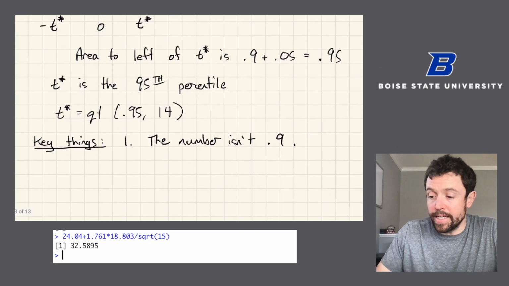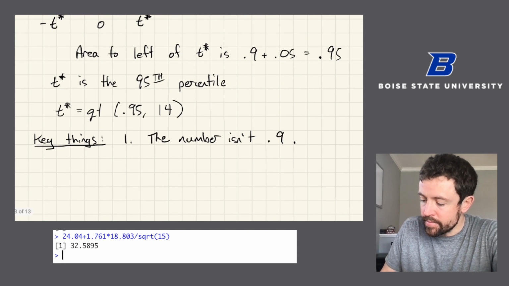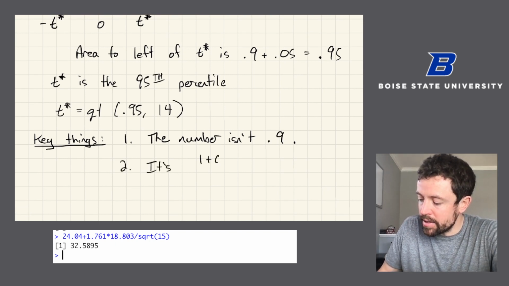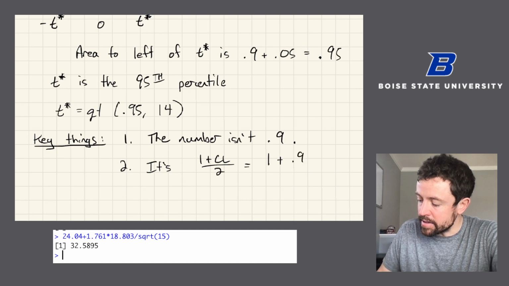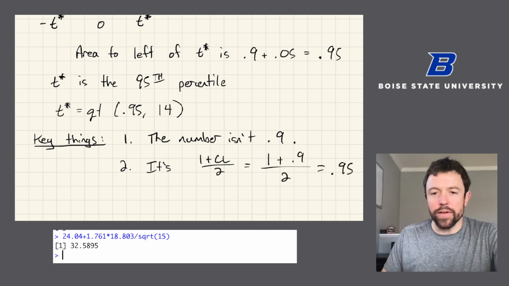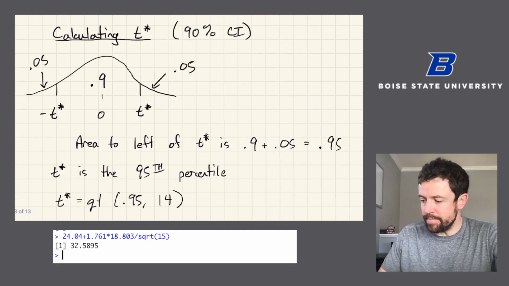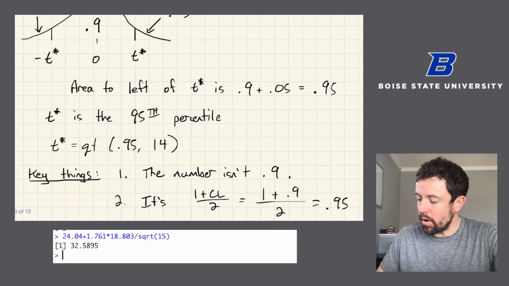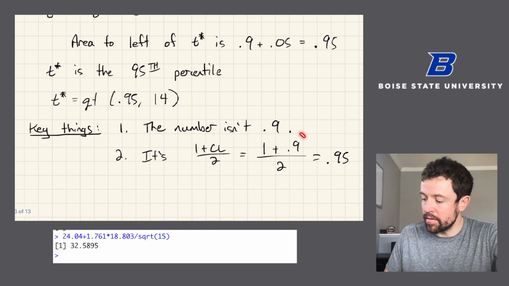All right, so what is it exactly though? It's what I write as (1 + CL)/2. So in this case, and by CL I mean the confidence level as a decimal, I get 0.95. What we're really doing here is averaging 1 and the confidence level.